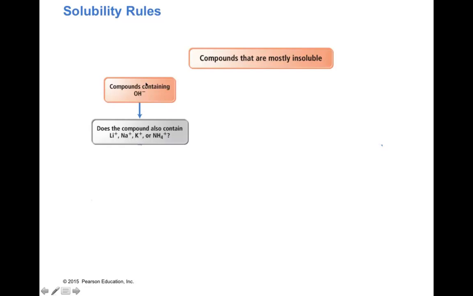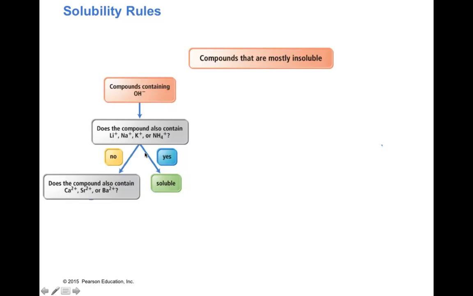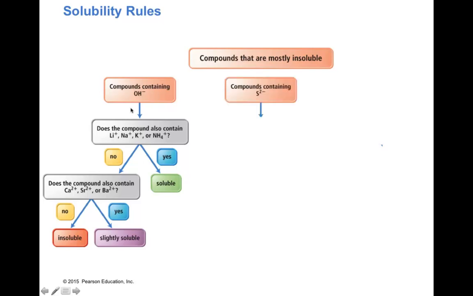If they contain, for example, calcium, strontium, and barium, they will be slightly soluble. If not, they will be insoluble. So these are basically some of the rules for the hydroxide compounds.